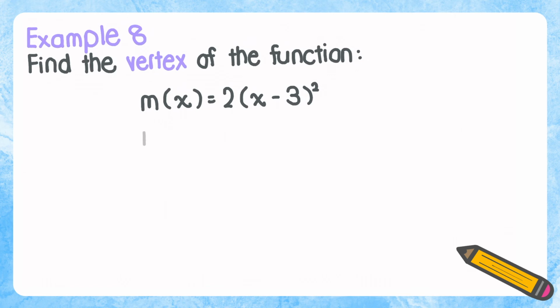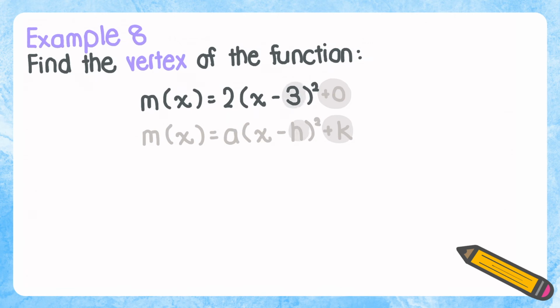The general vertex form is m of x equals a times x minus h quantity squared plus k. In our given function, there's no plus k, so it must be a plus 0 because it's empty right there.